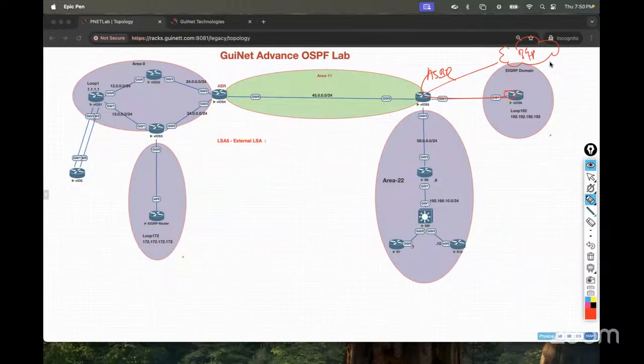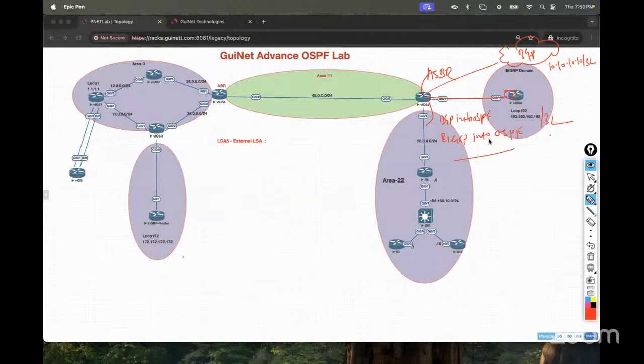Any route, let's suppose you are advertising some 10.10.10.10/32 route here, 192.192.192.192/32 route, is going to reach the ASBR. It advertises the external route via redistribution. So you have to redistribute BGP into OSPF, and also you have to redistribute EIGRP into OSPF. These are the two conditions.